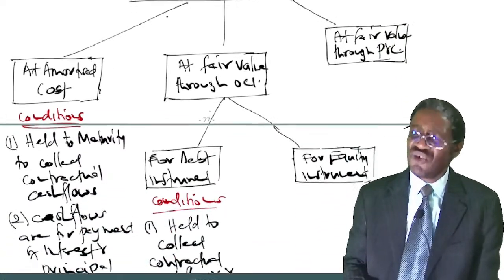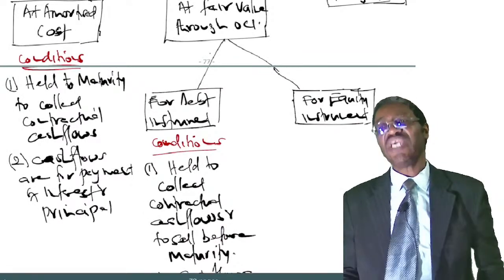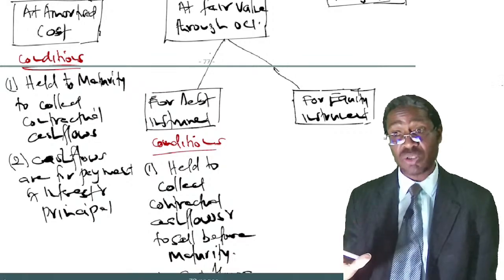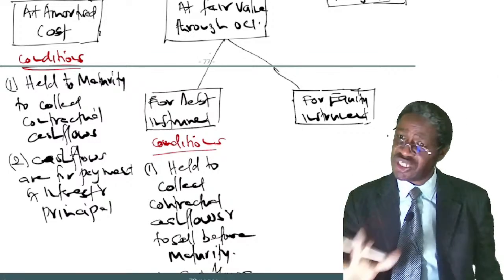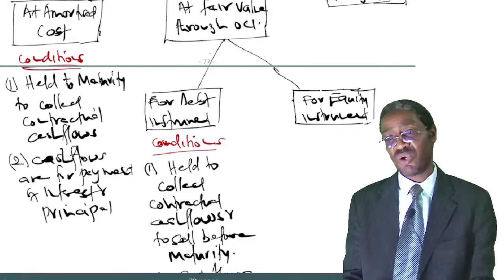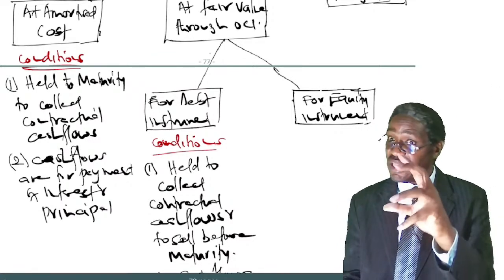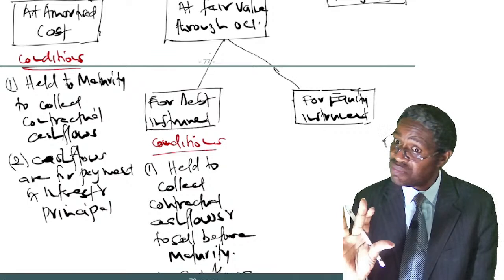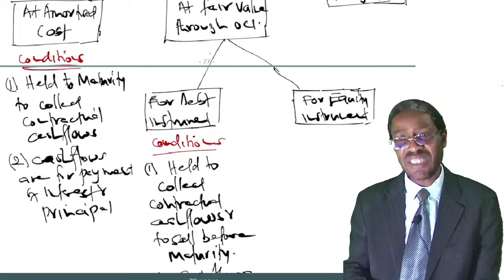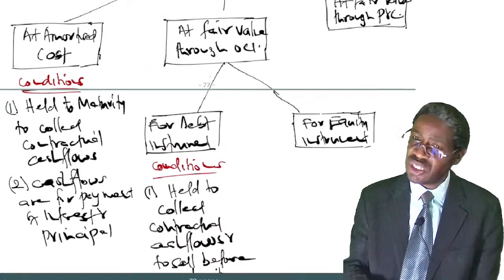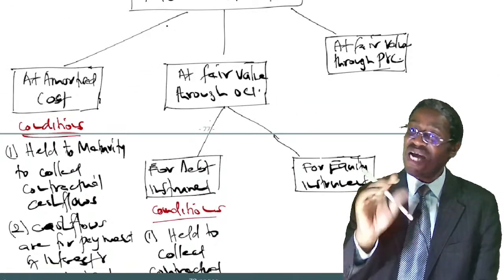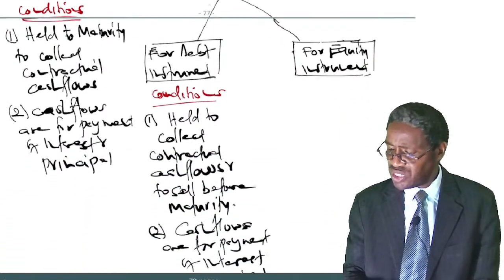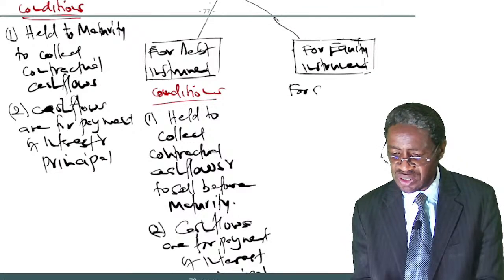Now, if you as an investor are not intending to sell the shares at all, you want to keep them for long term, then they should be measured at fair value, and the change in fair value, you take it through what? OCI.